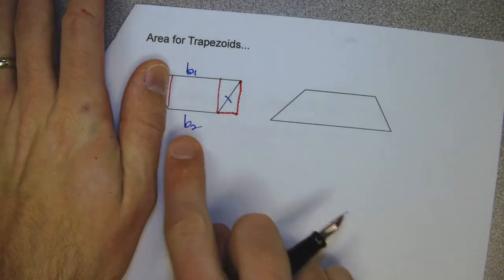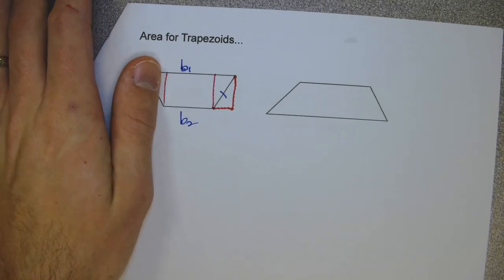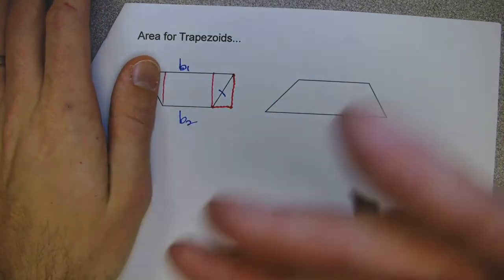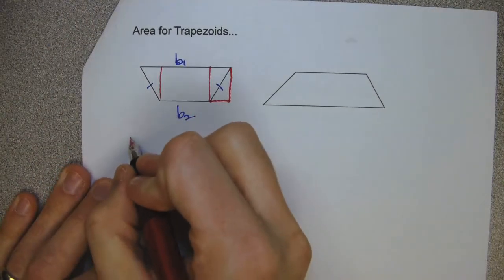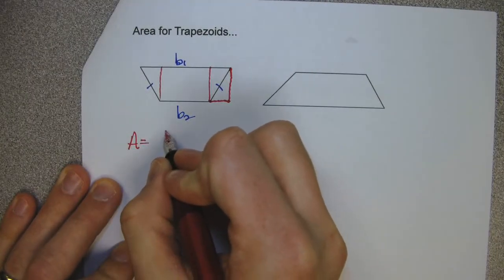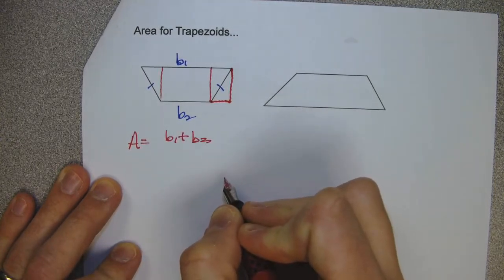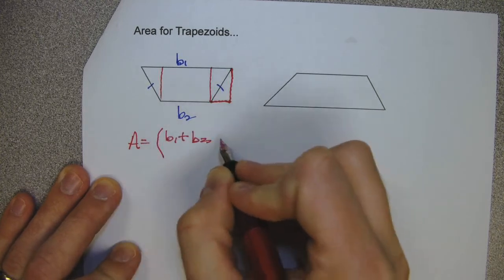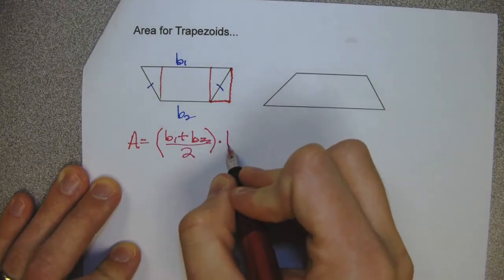This smaller base got a little bit larger by the exact same amount. So here's the formula, and then we'll talk about how we could derive that. So the formula is base 1 added to base 2, divided by 2, times the height.